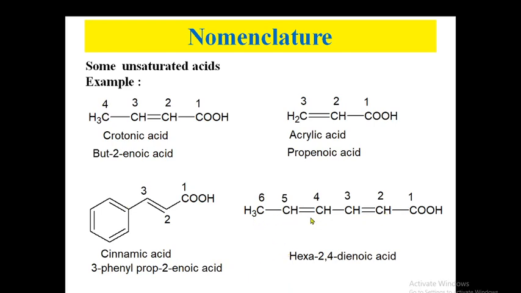Now if you have 2 double bonds present in the same compound with a carboxylic acid, then how can we give the name? It's simple: first find the longest parent chain, so 6 carbons and therefore it becomes hexa. The double bonds start at carbon number 2 and carbon number 4 and therefore it becomes 2,4-diene. 2 double bonds make diene and the suffix is oic acid, and therefore the name becomes hexa-2,4-dienoic acid.